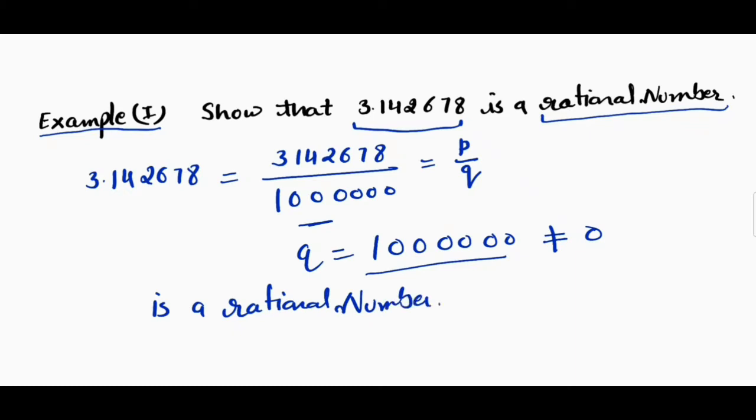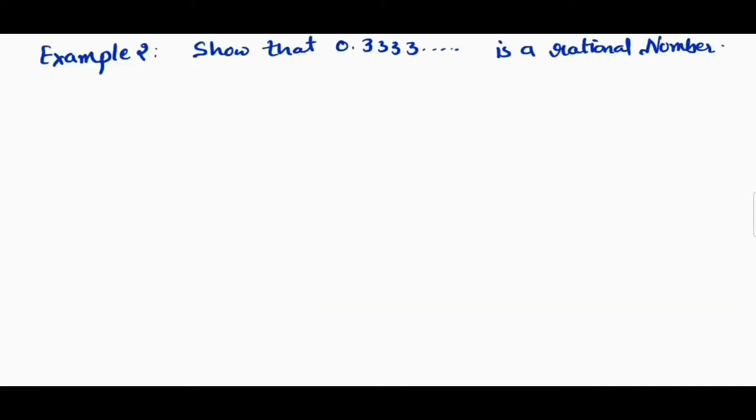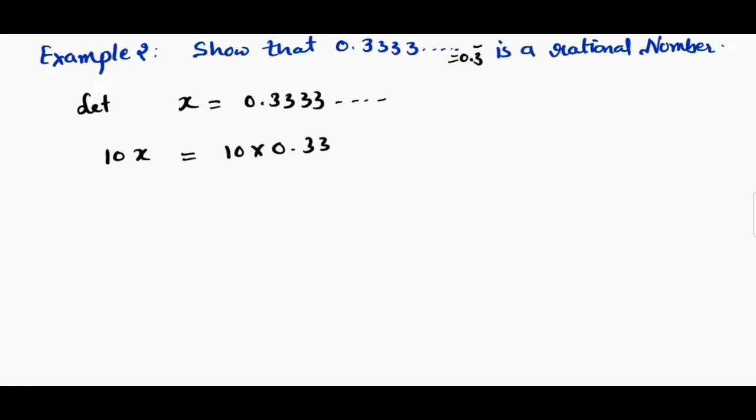So let's take one more example. In this example we have to show that 0.3333 is a rational number. We know we can write this number as 0.3 bar. So now let's take x is equal to 0.3333 and so on. Now multiplying both sides by 10, this will become 10x is equal to 10 into 0.3333.